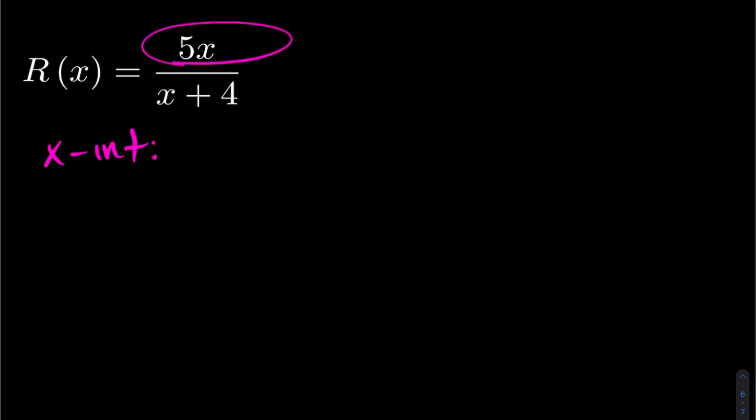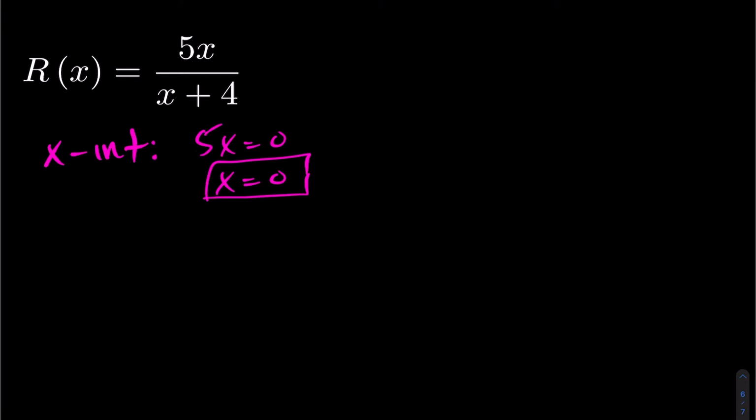You'll see that the top is 0 when 5x is 0, or equivalently, x is 0. So right away, we have a rational function that has an x-intercept of 0. Anytime something crosses the x-axis at 0, that must mean it also has a y-intercept at 0 as well. So I have a rational function with x-intercept and y-intercept both at 0.